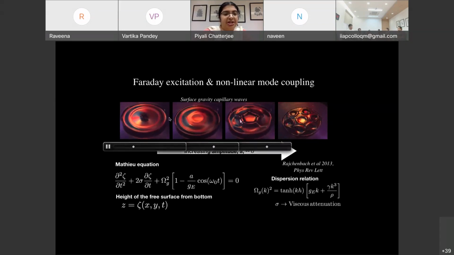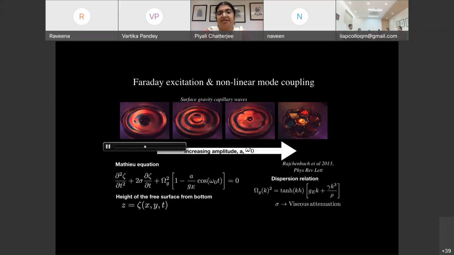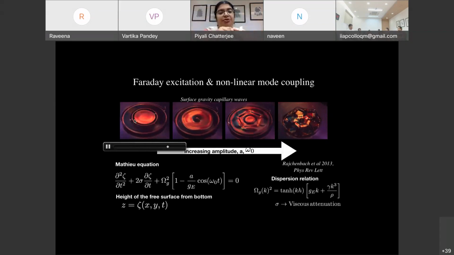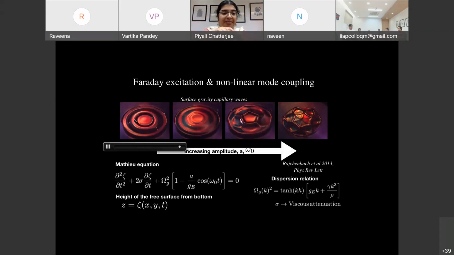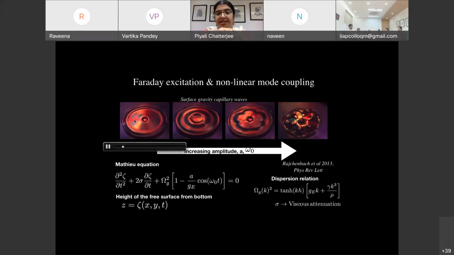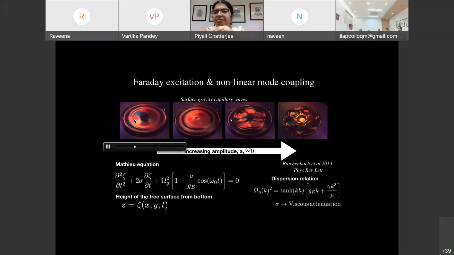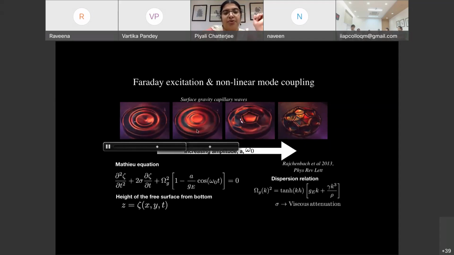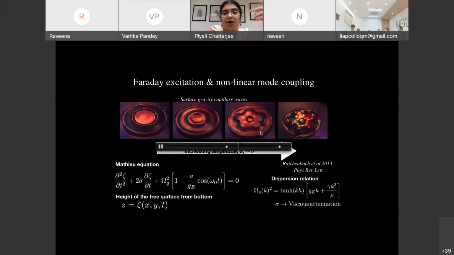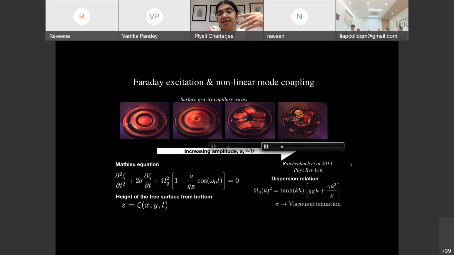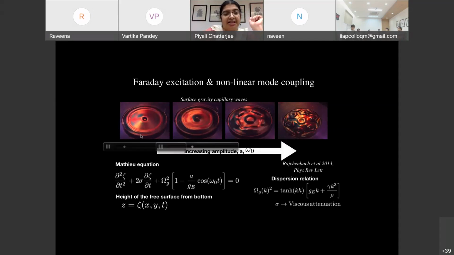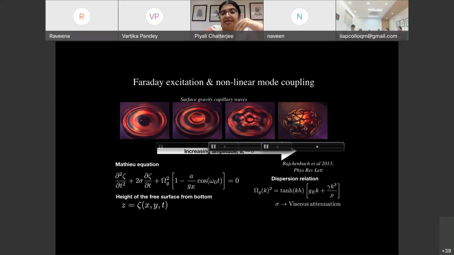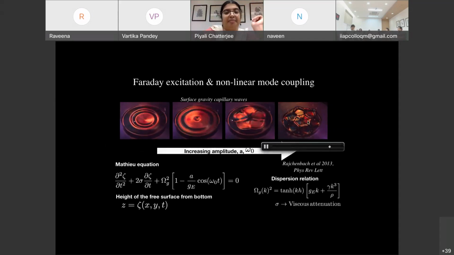Initially you see a spherically symmetric pattern because the Petri dish has circular symmetry. You see this circularly symmetric pattern, which is oscillating with a frequency that is half of the driving frequency. But as you make the amplitude higher and higher, or alternatively increase your driving frequency, you see that this circular symmetry breaks and you get these star and hexagonal patterns.